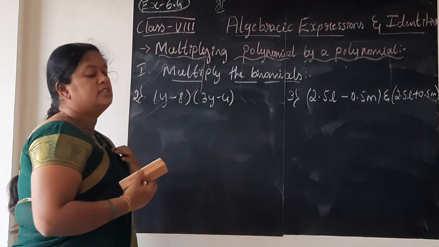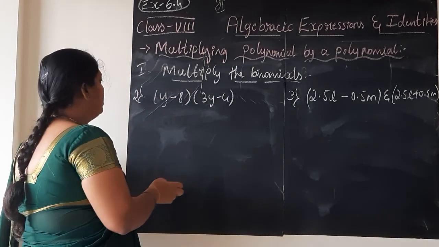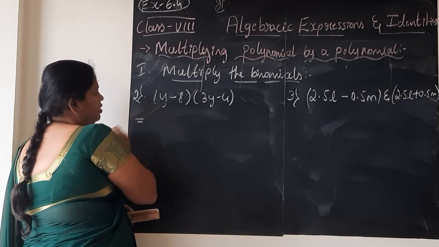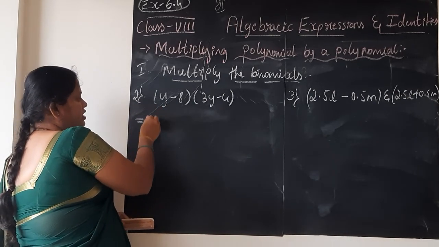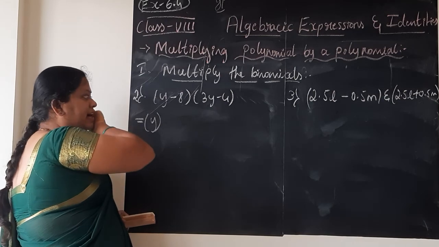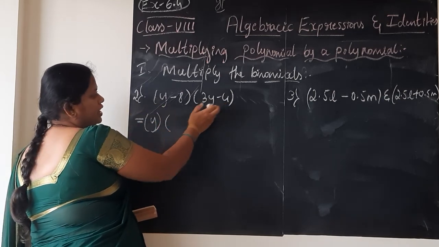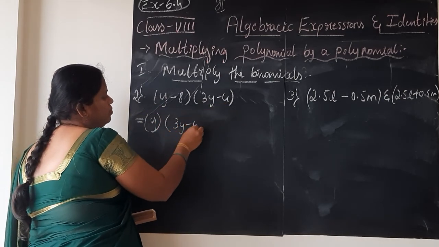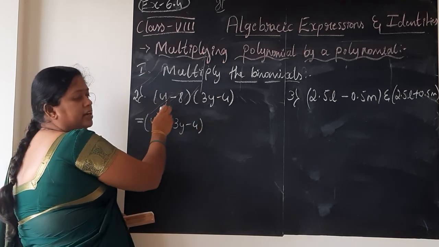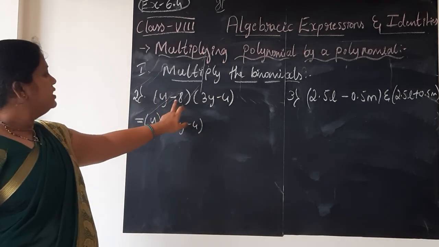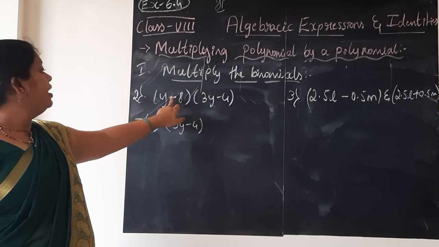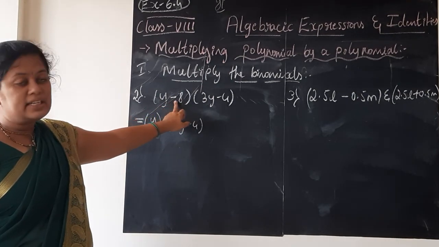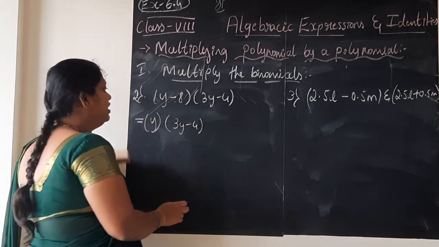So what is the first step in the case of binomial with binomial? Write the first term along with the sign in the bracket. So plus y into the second bracket, 3y minus 4. Before the next step we need to write down this 8, but in between y and 8 a minus sign is there, children, so please be very careful.